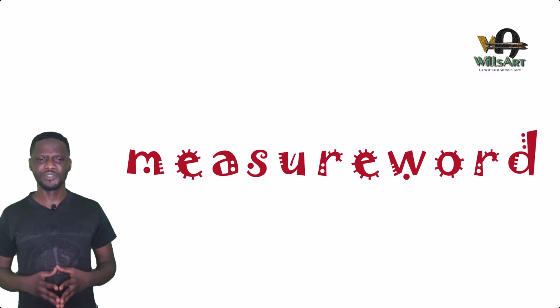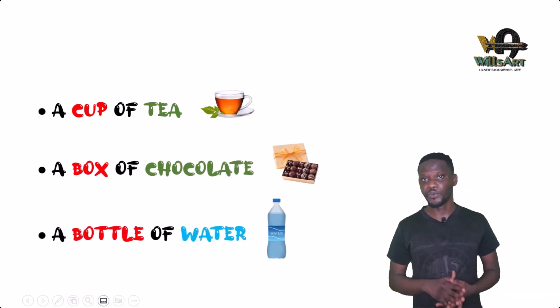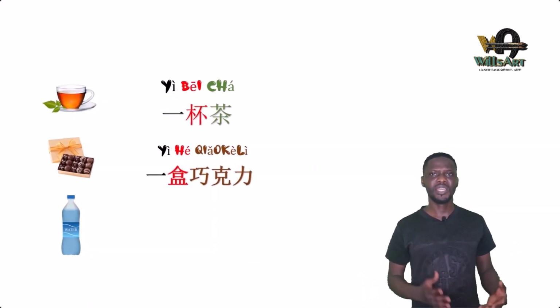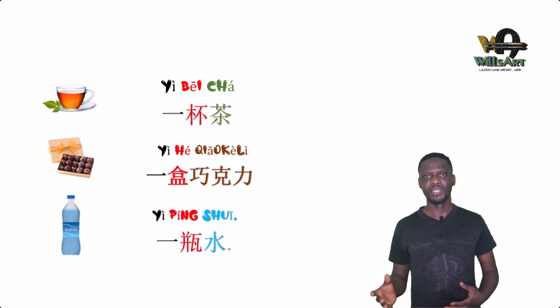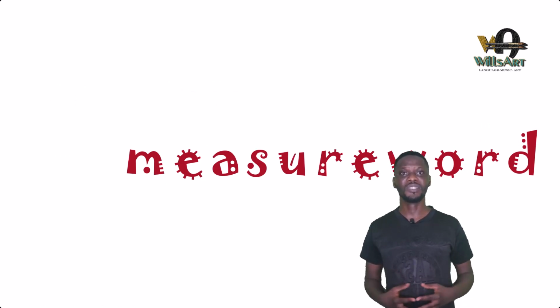For example, in English, you can have something like a cup of tea, a box of chocolate, or a bottle of water. In Chinese, you can have a direct translation like 一杯茶, 一盒巧克力, or 一瓶水. The Chinese measure word is definitely more than the English measure word.